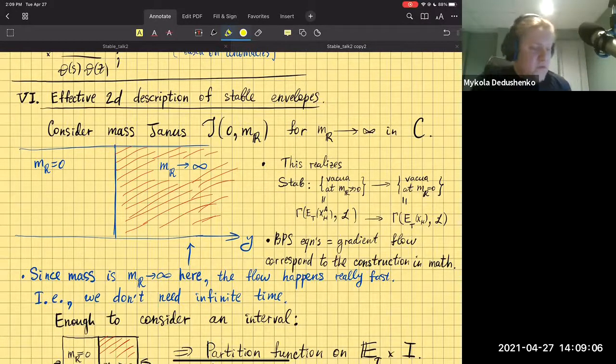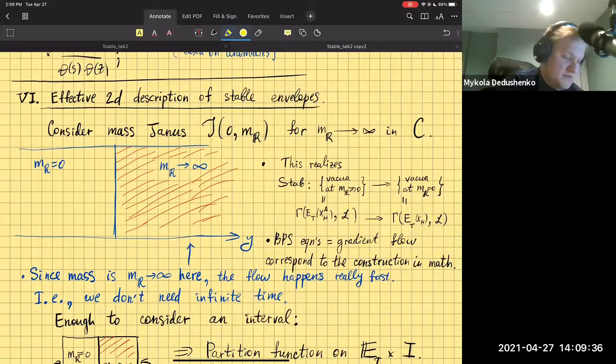If you look at it from the right to the left, it gives you a map from the vacua at large mass to the vacua at zero mass, and these vacua should correspond to sections of this bundle, either over the fixed locus, because that's the Higgs branch when the masses are turned on, or for the entire XH, because that's the Higgs branch when there are no masses.